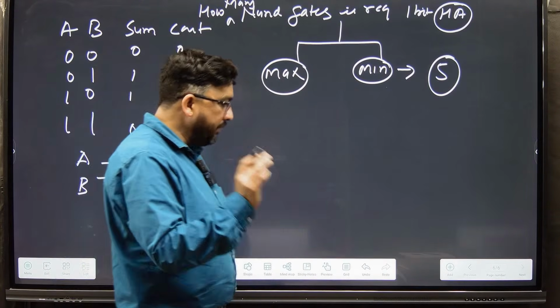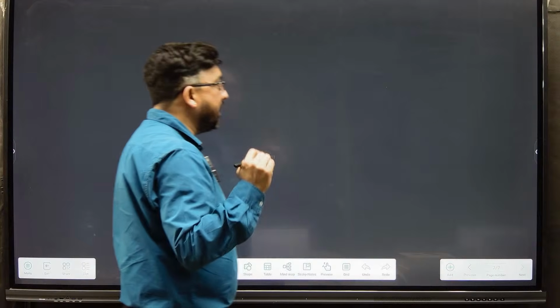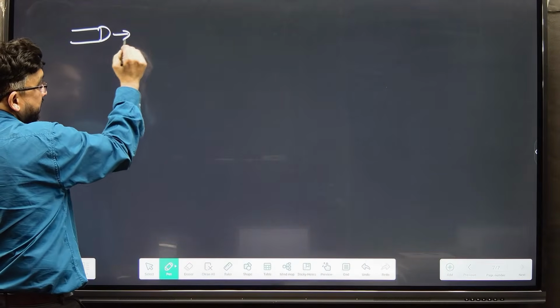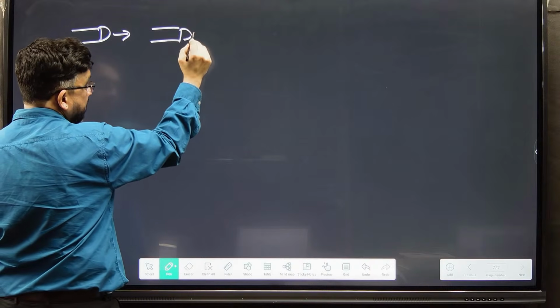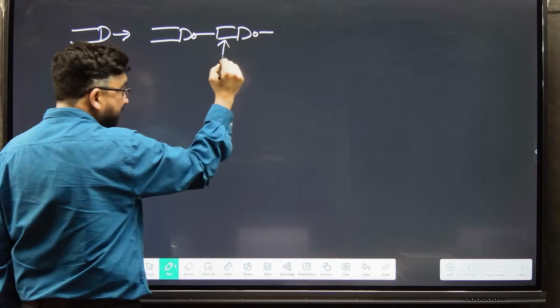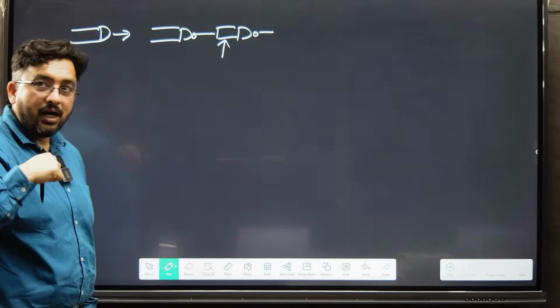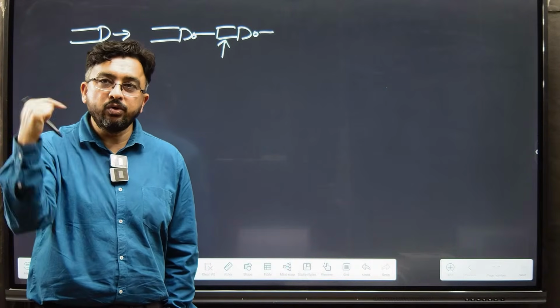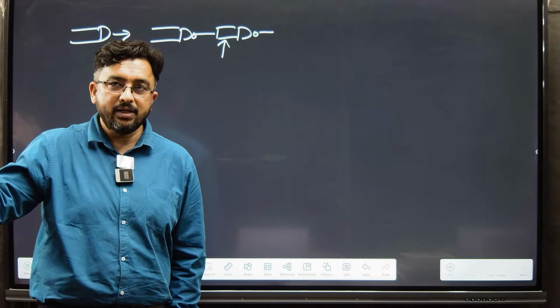For example, if you remember in my first class, I told you how to make an AND gate with the help of NAND. This is your NAND. So this is the minimum number of NAND gates. Shorting is required. I guided you in a different way, how to design your own gate. That is a different approach.